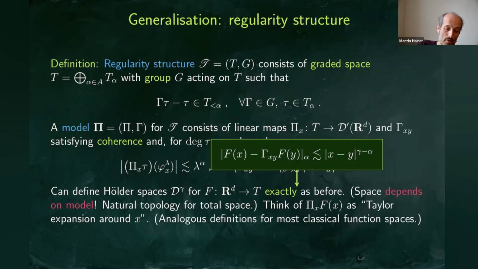So yes, you can replace these D gamma spaces, which are really like C gamma. You can have Hölder, Sobolev or Besov analogs of these spaces for pretty much all the classical functional spaces. And typically the proofs of the various embedding theorems essentially go through.